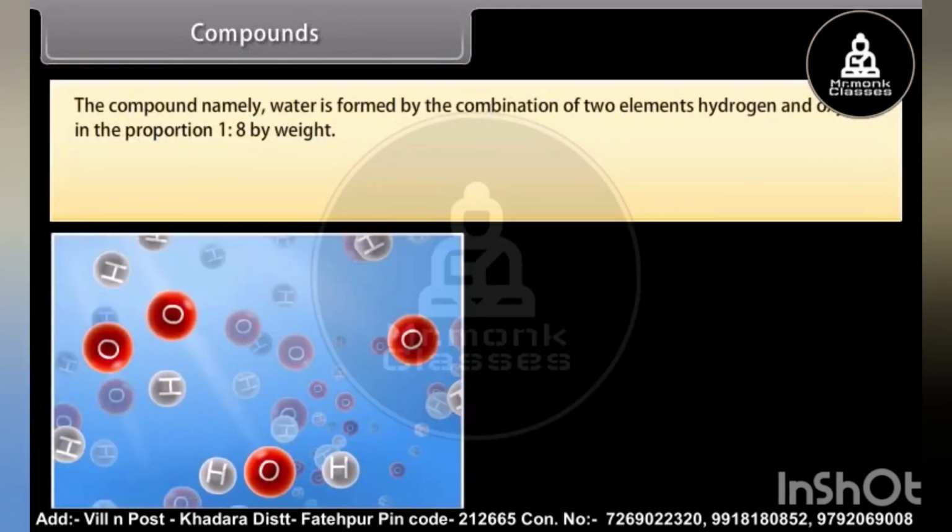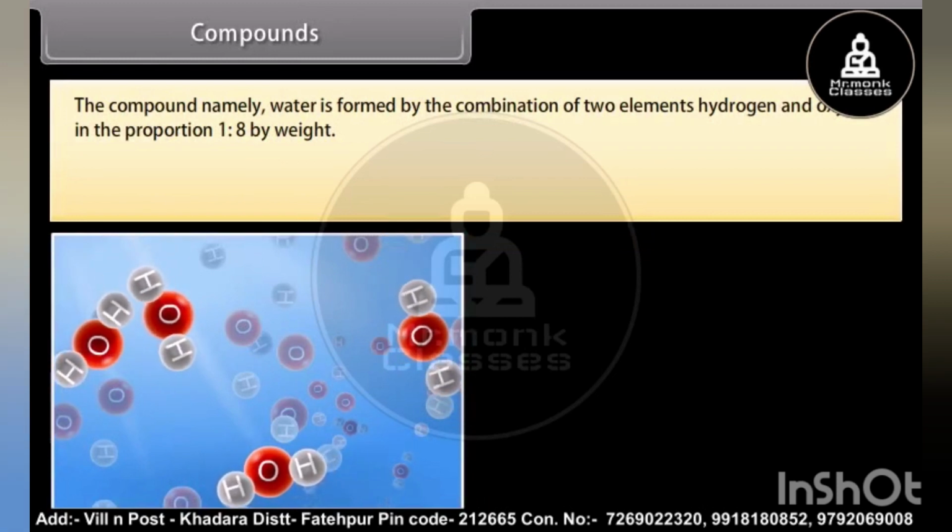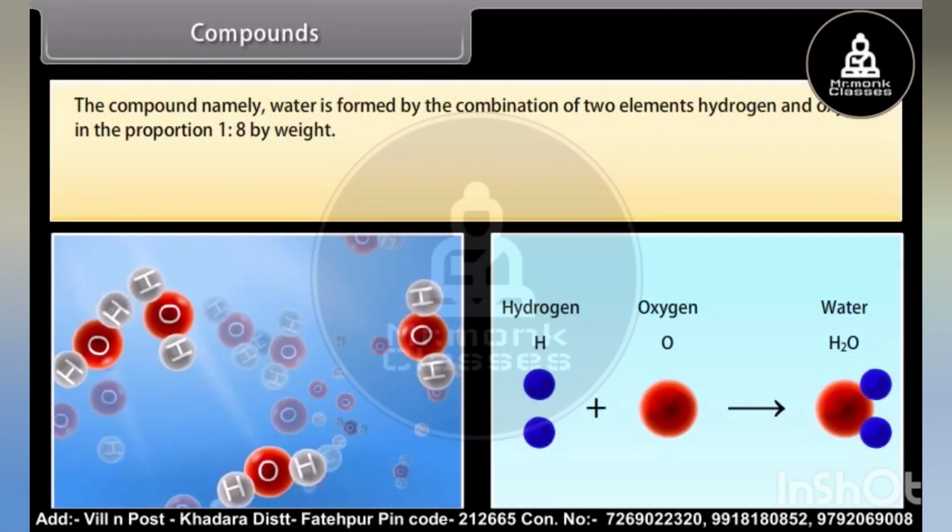The compound, namely water, is formed by the combination of two elements, hydrogen and oxygen, in the proportion 1:8 by weight.